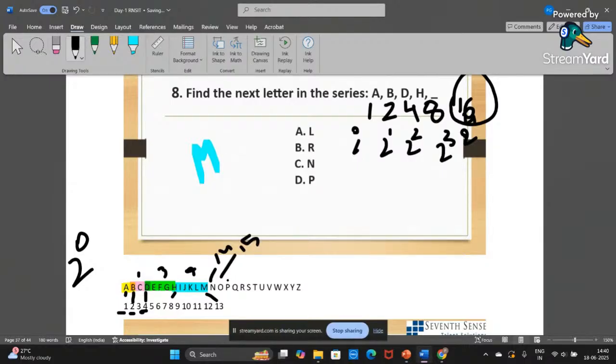So P is 16. So option D is the right one over here. Even though first we got M, that logic is also right, but the M option is not there. So you have to think in any other possible way. For this, the answer is P.